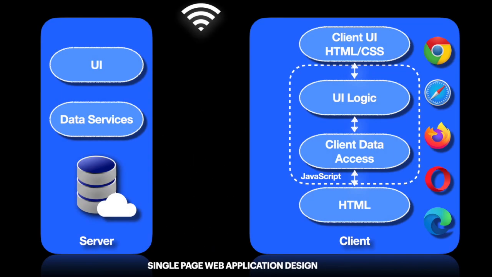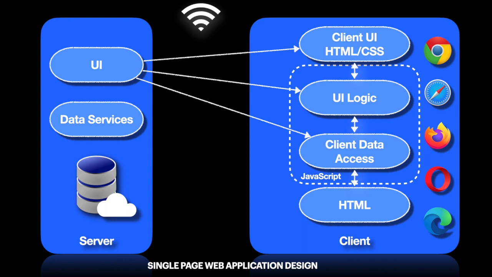As you can see in this diagram, the first time the client requests the web page, the single-page application, the server responds with the user interface and it is loaded on the client side.